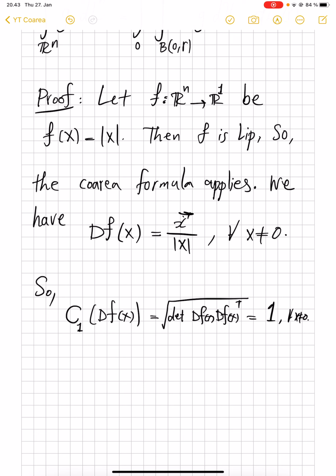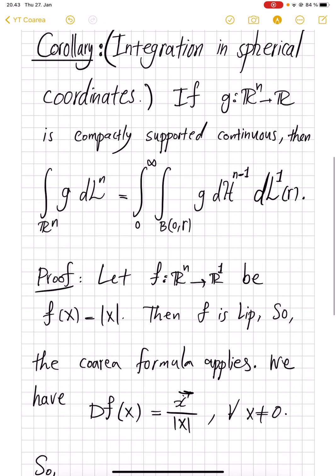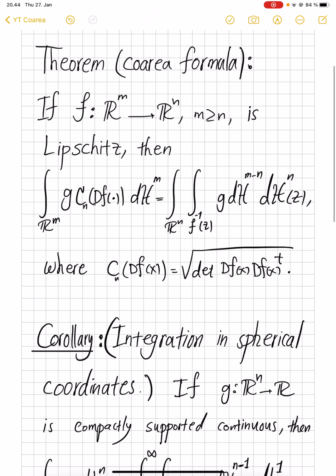This is a vector. If you multiply by its transpose, you get the length of the vector to the power 2. You take the root and you get back just the absolute value of the vector. And here the absolute value of x cancels out the 1 over the denominator, you get 1. So that's the end of the proof. Just plug everything into the Coarea formula and you get this.